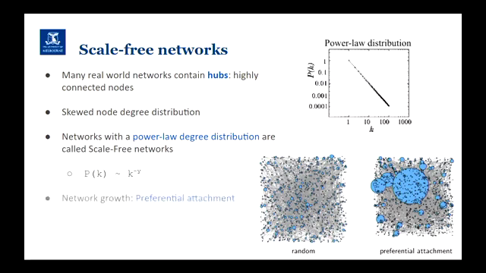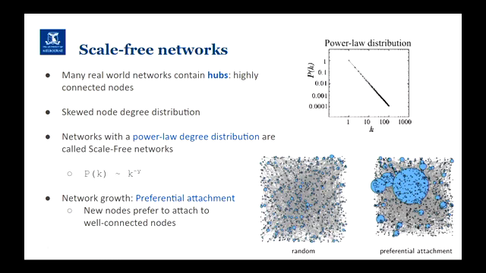And when you compare it with a random network, we will identify hubs that are very important. For instance, that's the case of protein-protein interaction networks. And one important thing about scale-free networks is how they grow. They grow by a process called preferential attachment, meaning it isn't a uniform distribution. When you add a node to the network, new nodes will prefer to attach to these hubs, to the well-connected nodes.